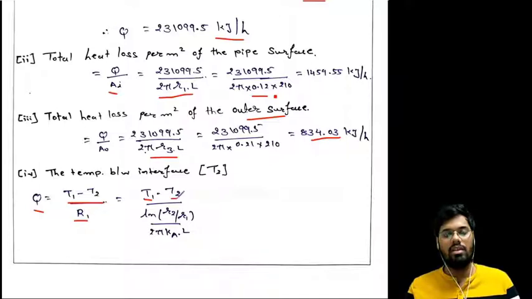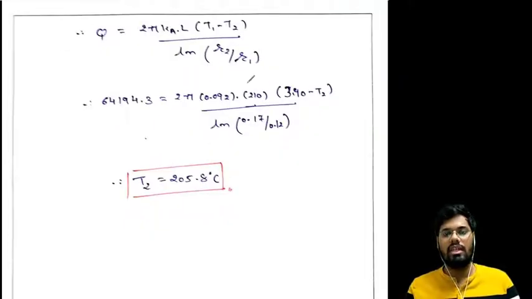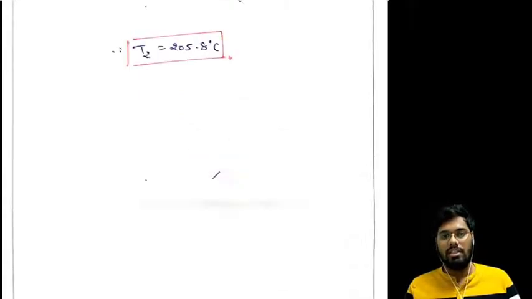So the only unknown in this equation is T2, which can easily be calculated, and it would be 205.8 degrees Celsius. So that's it for today's lecture.